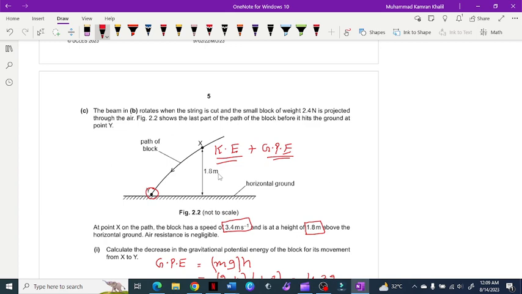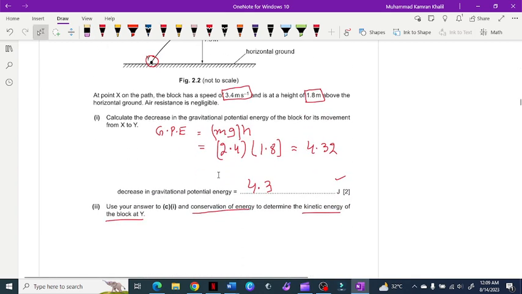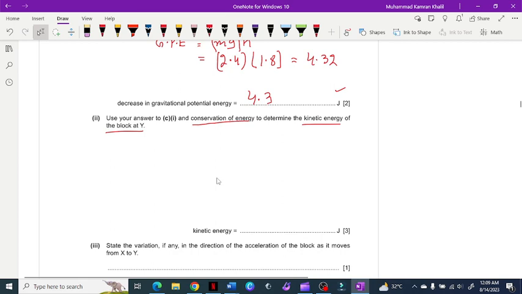So at Y, the total energy will be the sum of kinetic energy plus GPE, which is already 4.32. So apply the formula, half mv squared plus 4.32.